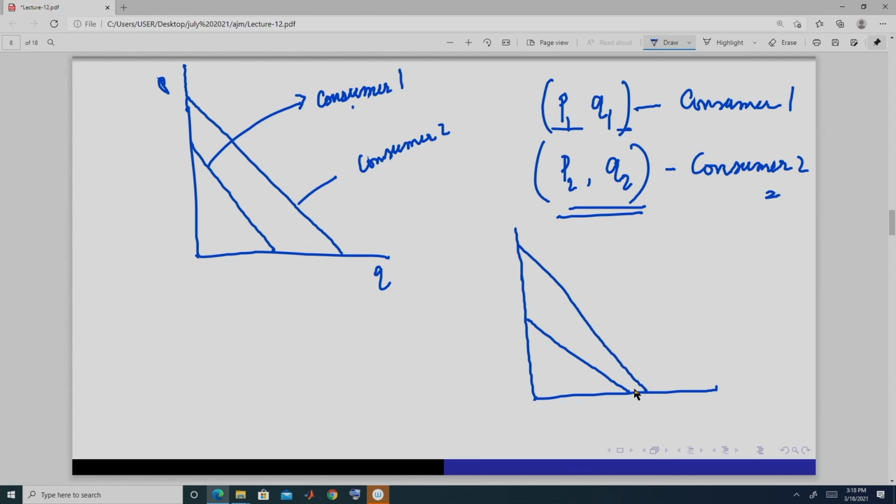Okay. This is Q1, this is Q2, Q. Okay. For Q1 it can charge this amount, and for Q2 it can charge this amount.